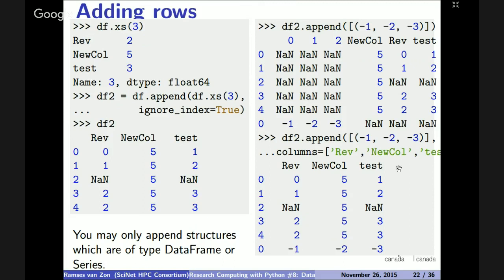I still haven't given it the ignore index, so I still have the 0 issue here. If I also added ignore index, I would get a nice new index 5 there. So there's a little bit of carefulness there. If what you're appending is already a data frame or a series, like the stuff we get from the access function, we didn't have to worry about much of that.